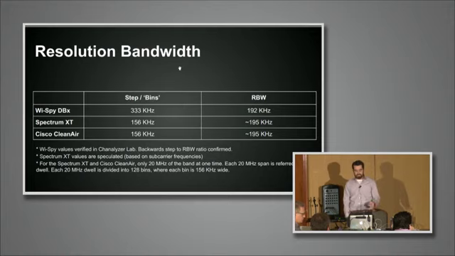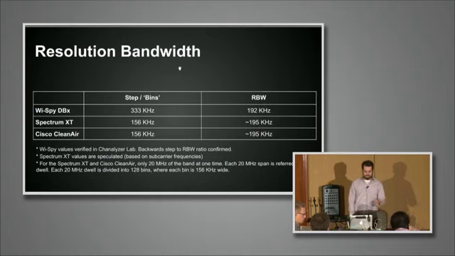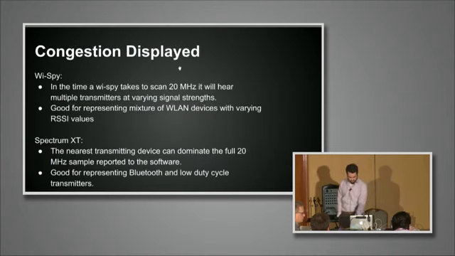The YSpy DBX, they take steps at every 333 kilohertz, and then they have a resolution bandwidth of 192. That's their defaults. They'll also make a recommendation saying that the resolution bandwidth needs to be 125% of the steps. So there's something interesting going on there. You'll have to ask them about that.